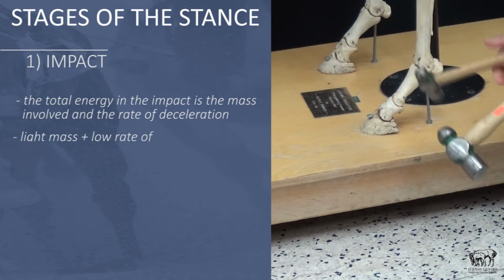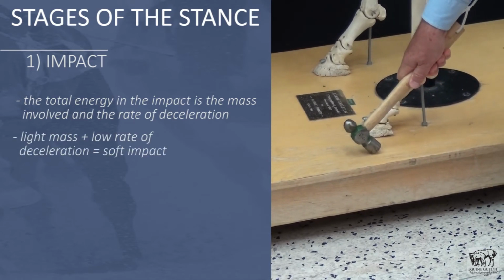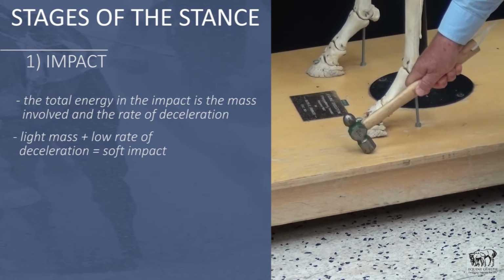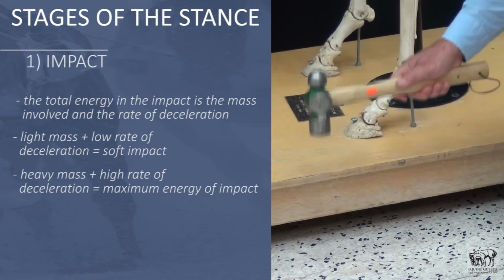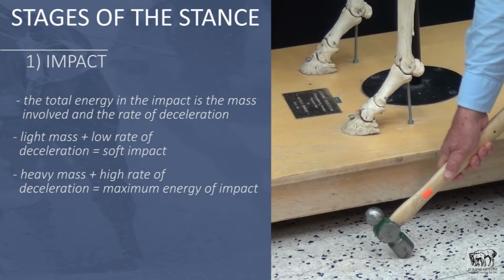So if the mass involved is light and the rate of deceleration is as low as possible on a softer surface, you get a soft impact. If the mass is heavier, you increase the impact. If you take that mass onto a heavy surface, you maximize the energy of impact.